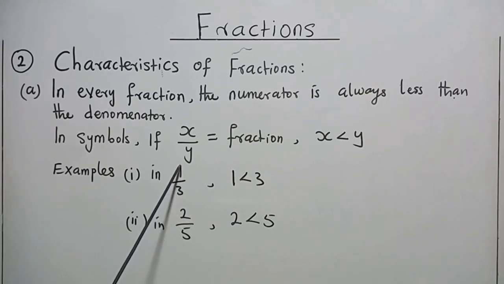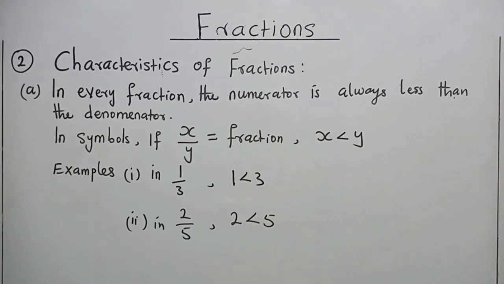If the number on top is more than the 3, we don't call it a fraction. Later, in this same topic, I'll tell you what it can be called and why. Example number 2. In 2 over 5, this 2 on top is less than this 5. So in every case of fraction, the numerator is always less than the denominator.